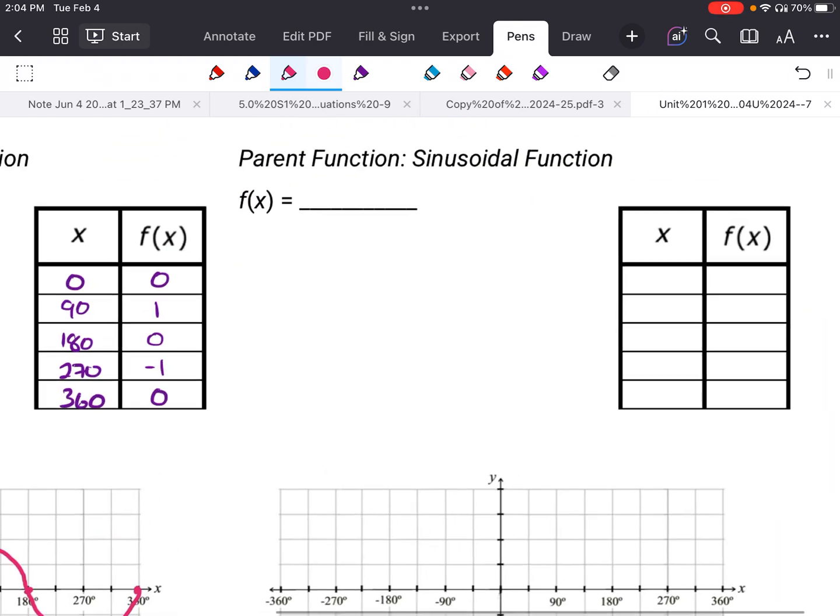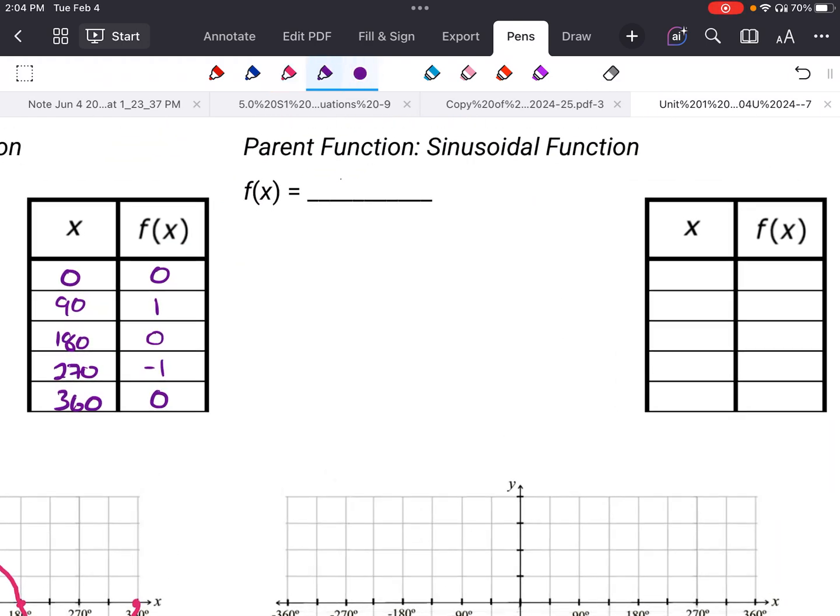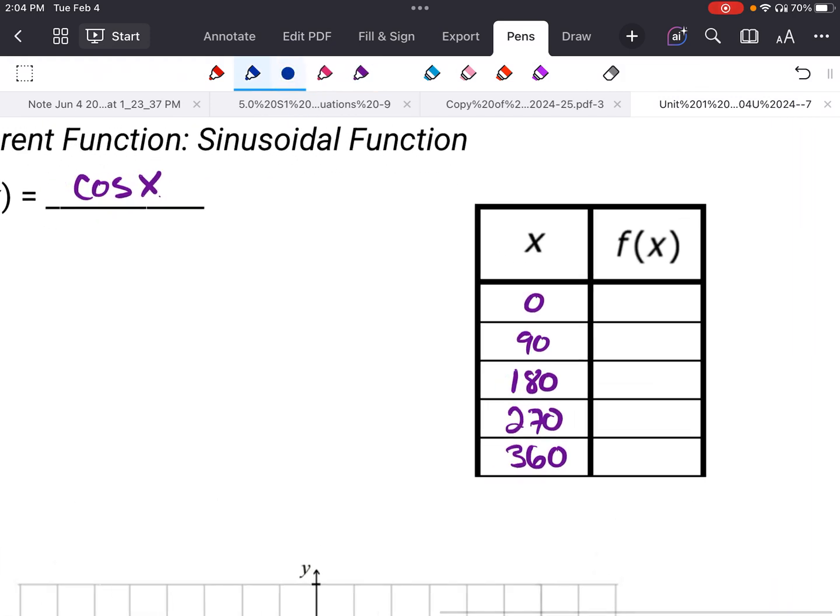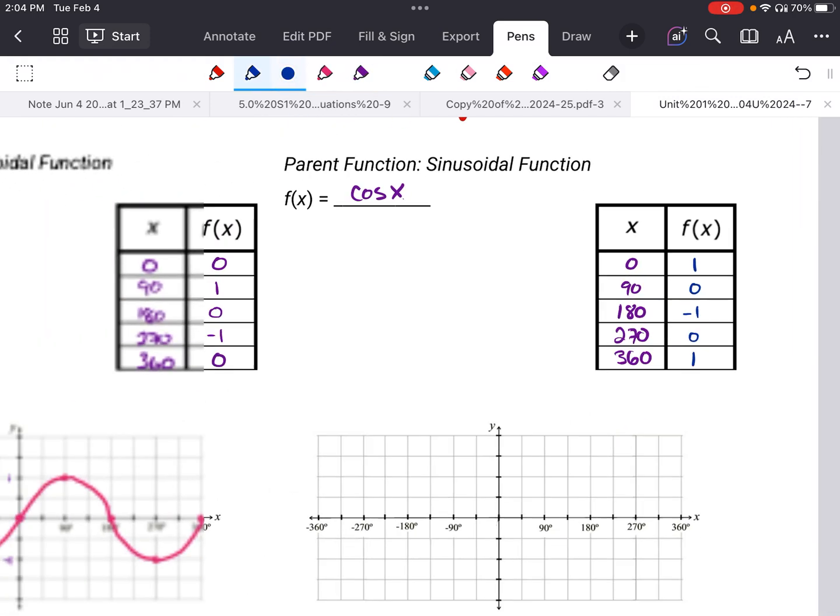Then cos is almost the same. It's just that cos starts at 1 and ends at 1.